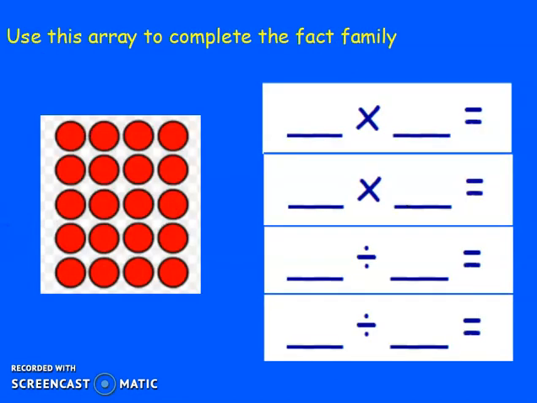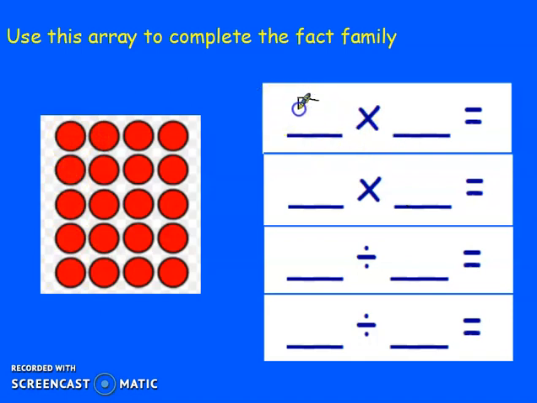Now we're going to do similar with this array that we have here, but I want you to find fact families. So you need to write down 2 number sentences that include times-ing and 2 that include dividing. Look at the array and pause the video to write down your number sentences in your book. So let's start. How many circles do we have going down the side?